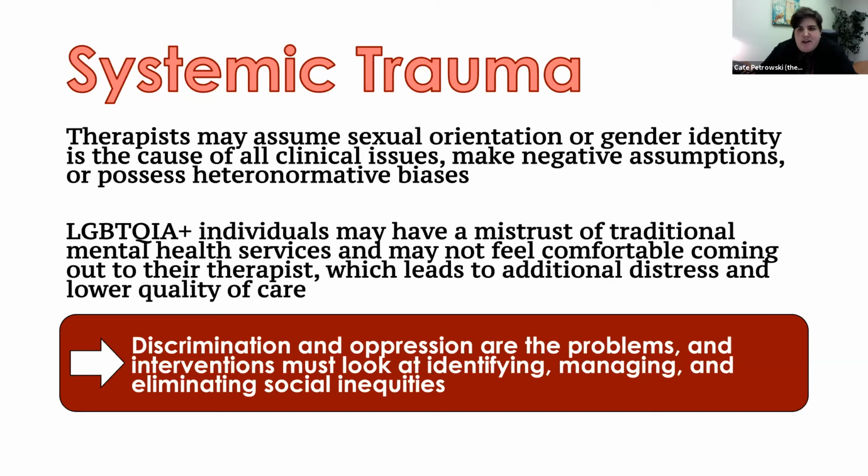They also might make negative assumptions about them or have general overall biases. An example of a heteronormative bias would be assuming that every client or every person that you meet is straight until you learn otherwise.